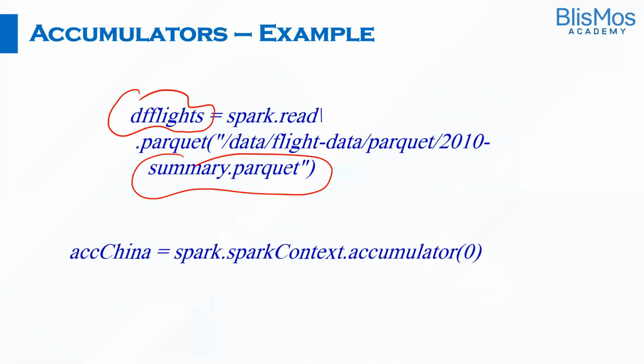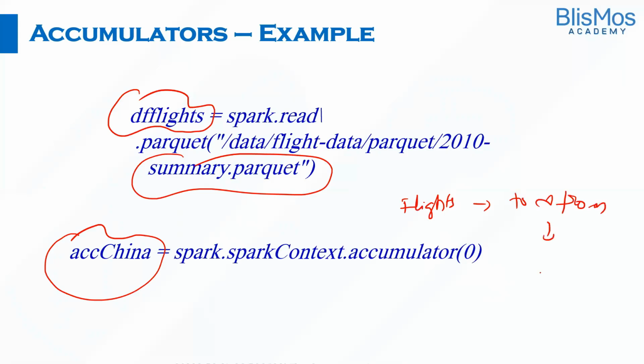Next, we can create an accumulator that will count the number of flights to and from a country, the country being China. So we are creating an accumulator here.